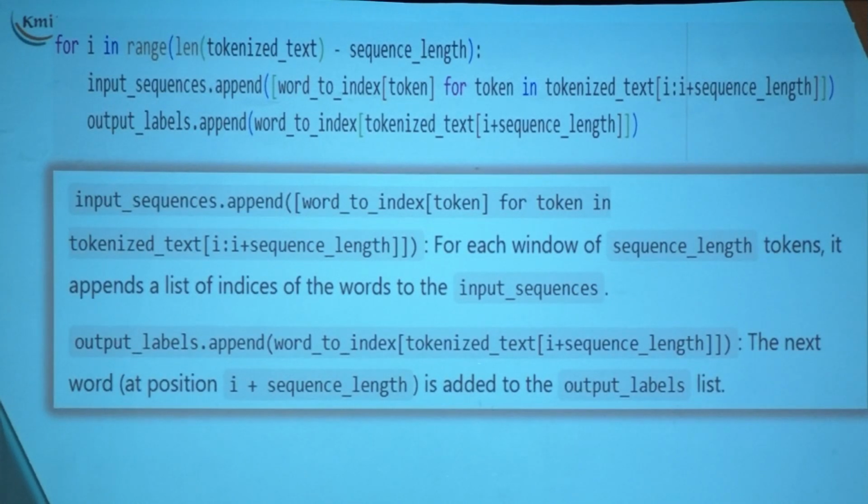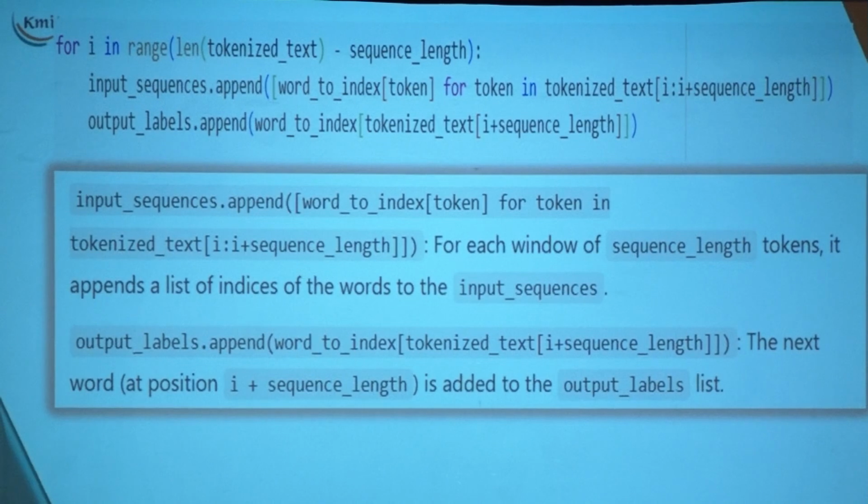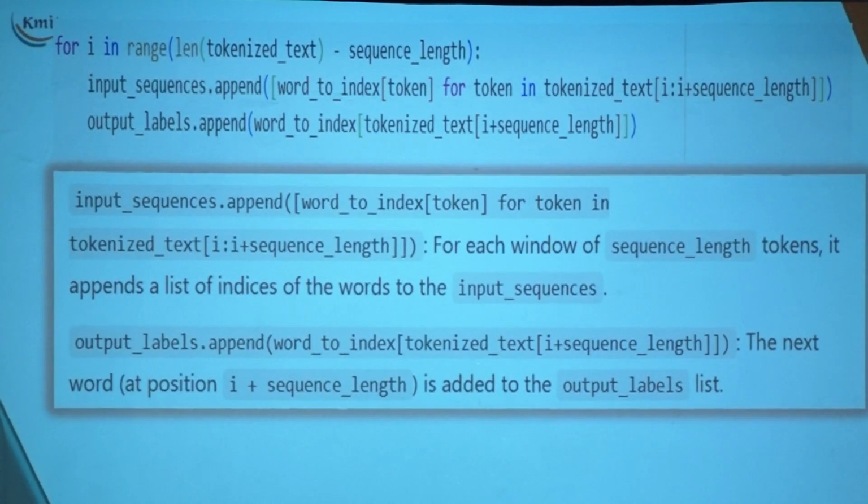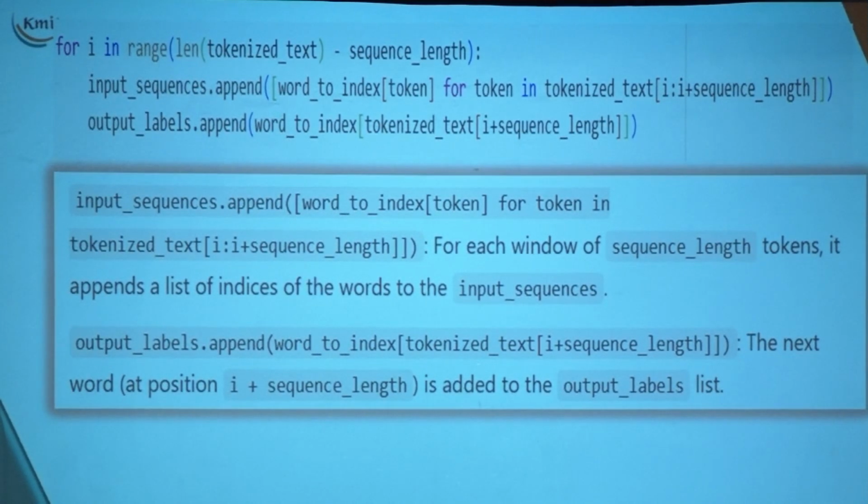Now, the next is I am trying to use input sequences append. See, this is again a comprehension instruction that I have been giving over here. What I am doing here in the first one, input sequences dot append word to index token for token in the tokenized text.